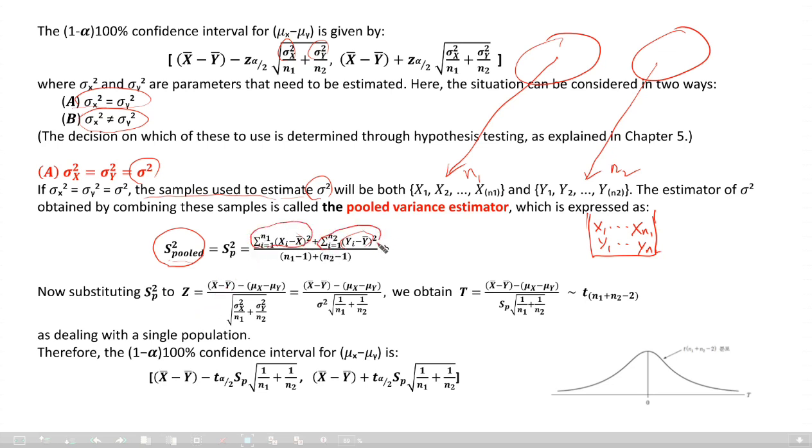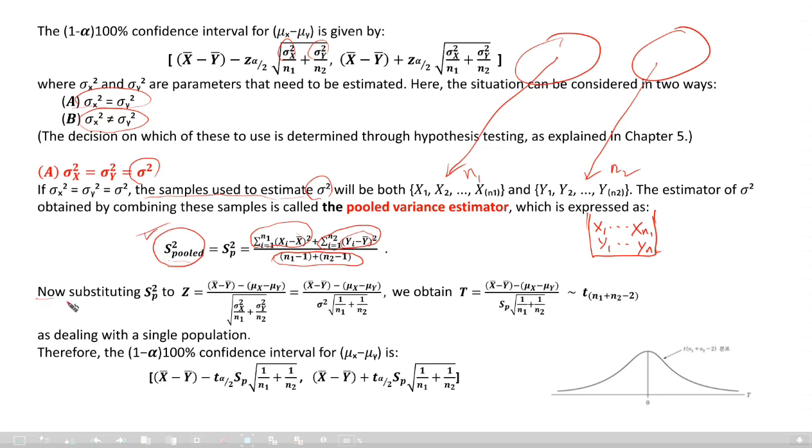From here, n2 minus 1. And x and y are independent, right? That's why the degrees of freedom here is n1 plus n2 minus 2. Understand that? This is an important concept because you will study this kind of thing in analysis of variance.